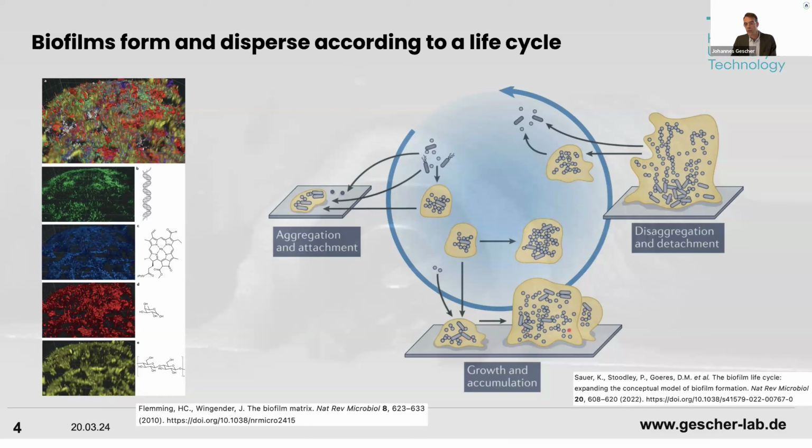Then these organisms would grow, build more of this extracellular polymeric matrix, and then at some time they would start to disintegrate, to detach, either in the form of single cells or as clusters, and then they would aggregate and attach to another surface, and so on and so forth. So this is the usual life cycle of microorganisms growing in the form of biofilms.